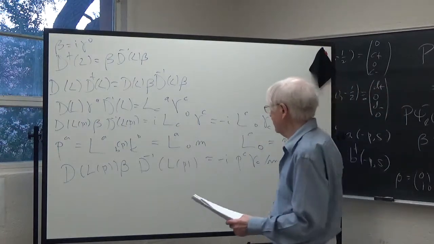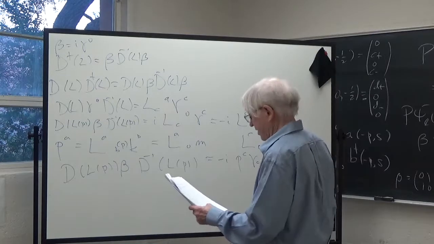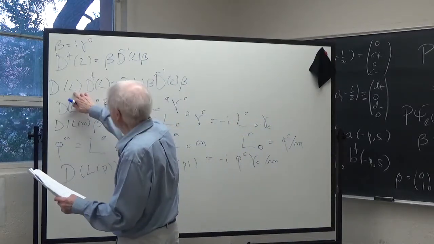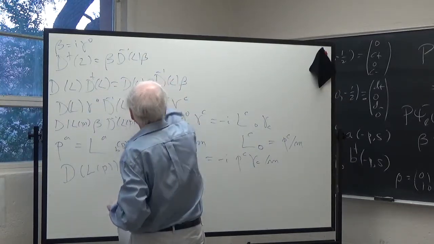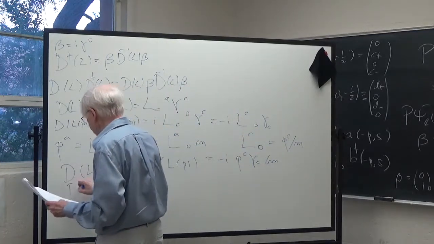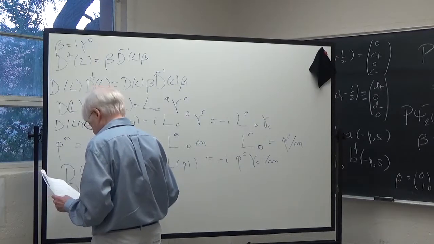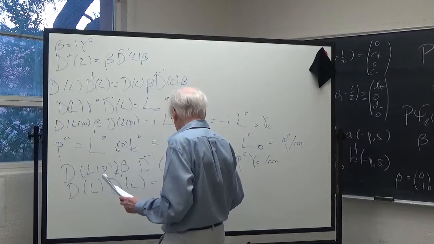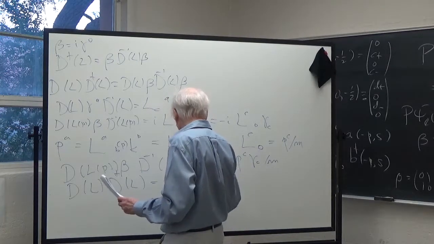And we also have, from here, D dagger is this structure times beta, and so that gives us D of L, D dagger of L is minus I PC gamma C over M times beta.